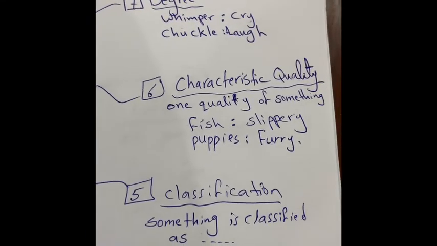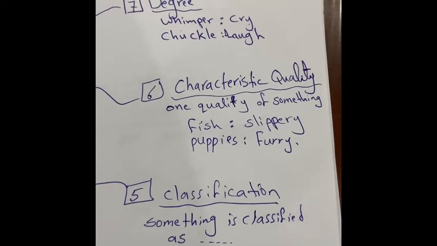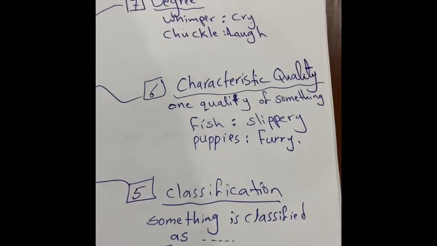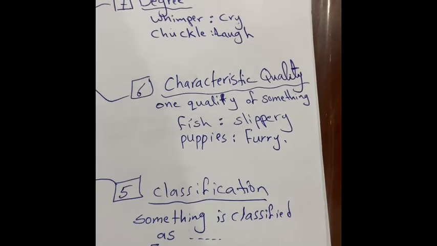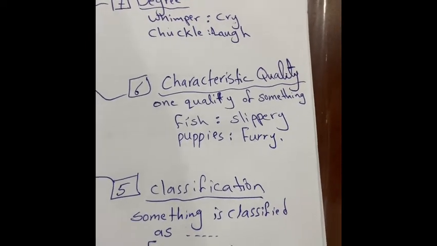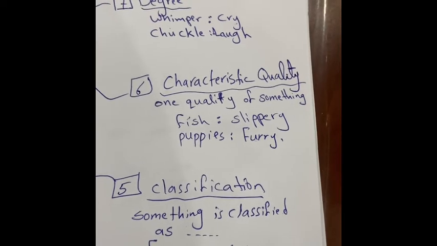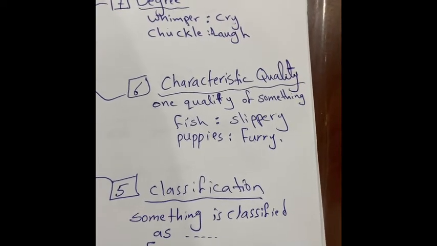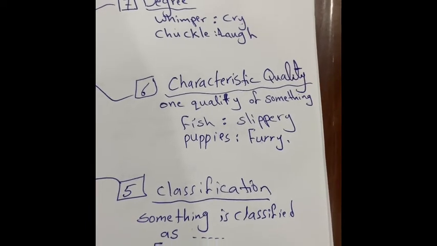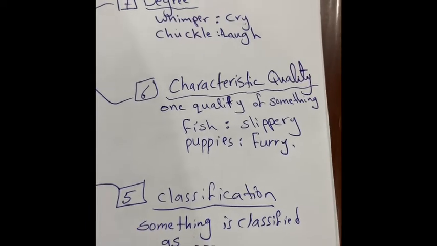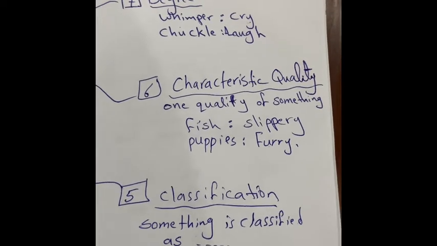And also give me one characteristic of the puppies. They are furry. So characteristic quality means one quality of this animal or of this thing or of this place.